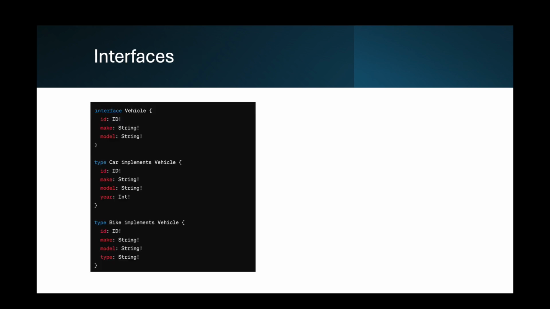Interfaces. Now, interfaces in GraphQL allow you to define a common set of fields that multiple types can implement. Interfaces enable you to represent shared behavior or properties among different types. For example, you might define an interface for a vehicle like this, where I have an interface Vehicle which has an ID, make, and a model.